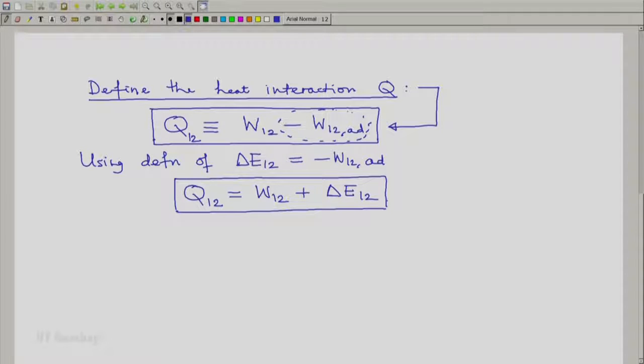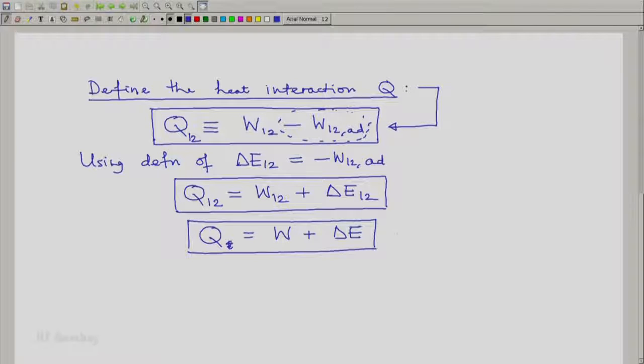This form or its general form, which is without that 1, 2, if we assume that everything pertains to the same process, same initial state, same final state and path, then we can write Q equals W plus delta E, which happens to be the final form of the first law.